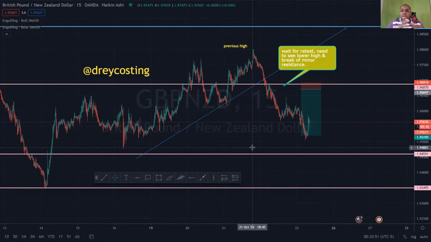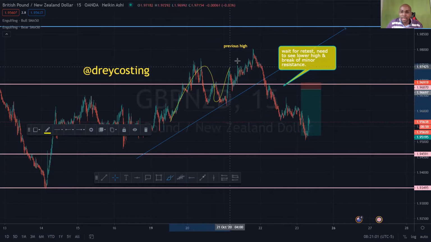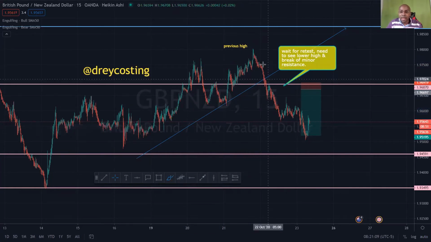All right, GBPNZD. Same textbook trade as the EURJPY. Price was in an uptrend, creating higher highs and higher lows. Price broke the previous low right here, and when price broke the previous low, it also broke the trend line.